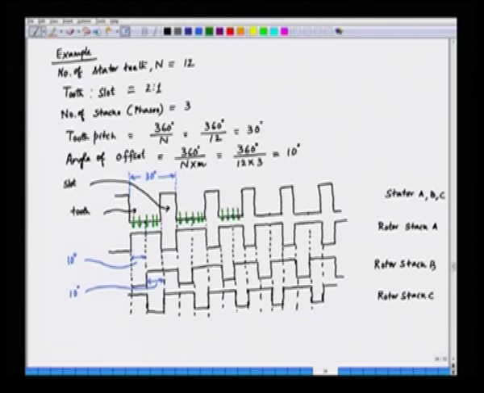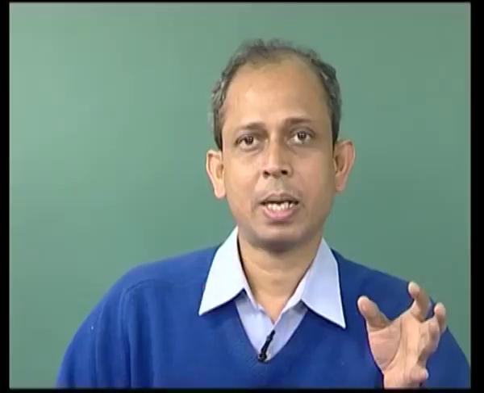So, the stator stack A teeth are aligned along that particular flux lines or the MMFs. Now, we de-energize phase A and energize phase B. Now, when we energize phase B, all the stator phases are aligned. So, the same thing will be happening for phase B also.